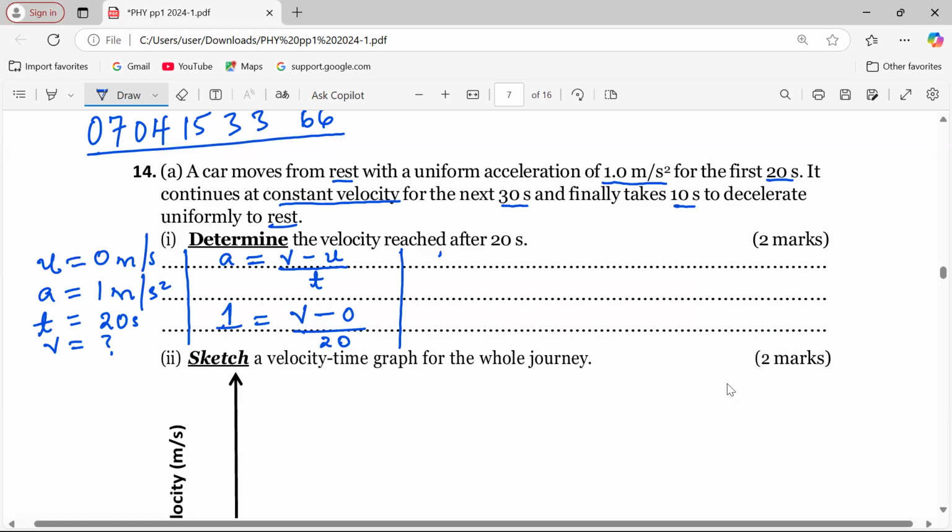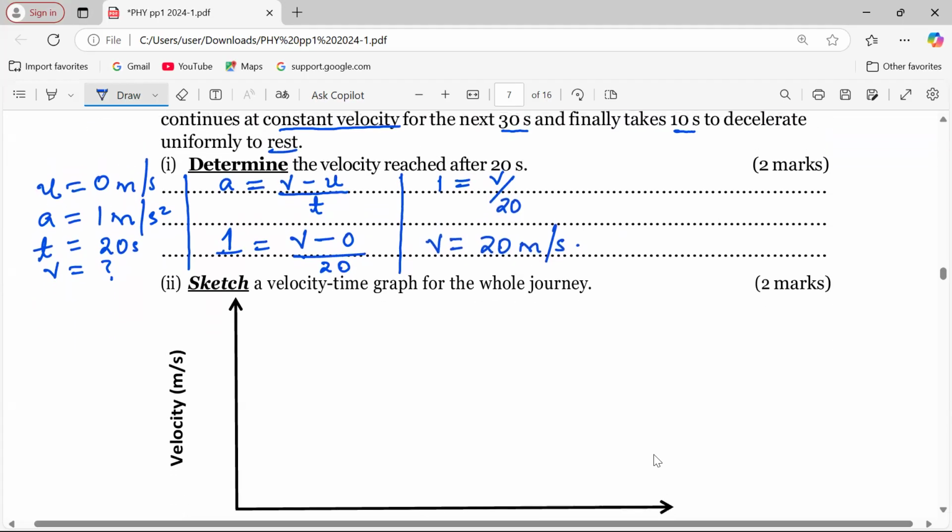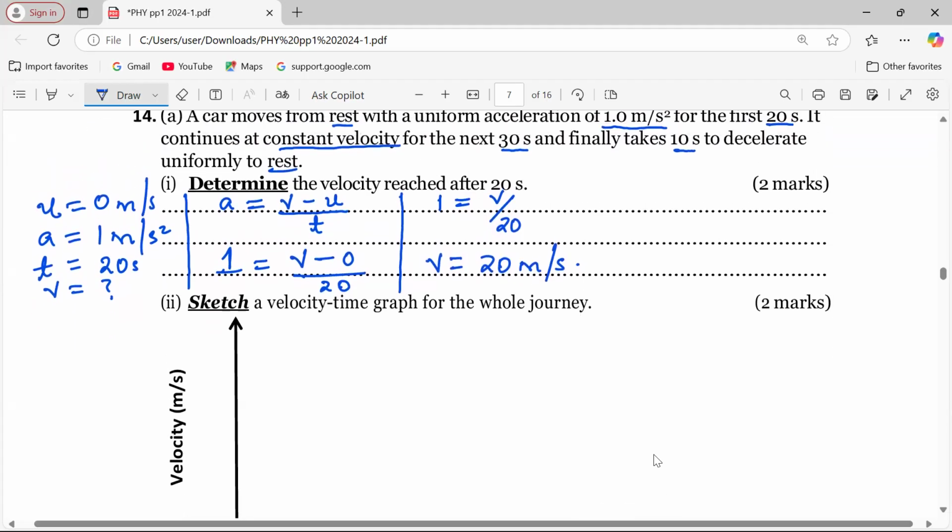Therefore, 1 equals v out of 20. So when you cross multiply by this 20 to remain with v, the value becomes 20 meters per second. So this is now the final velocity attained after the first 20 seconds.